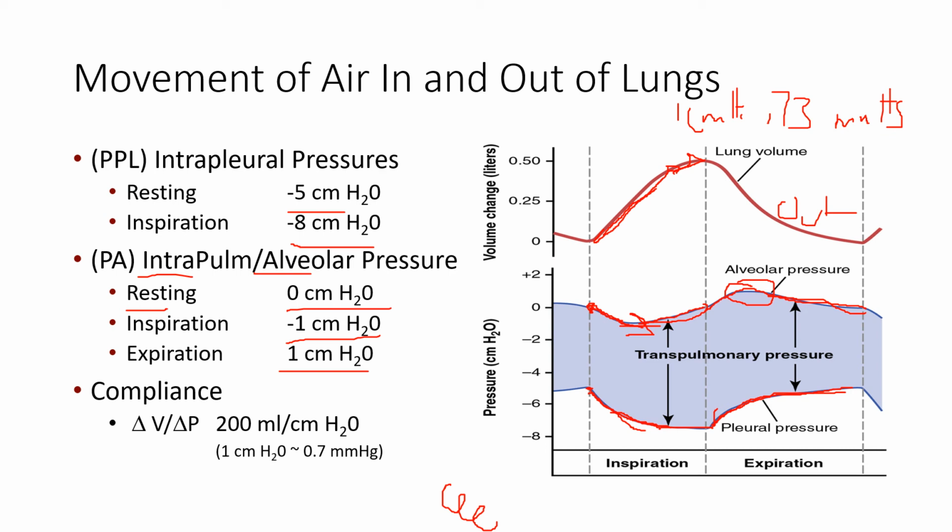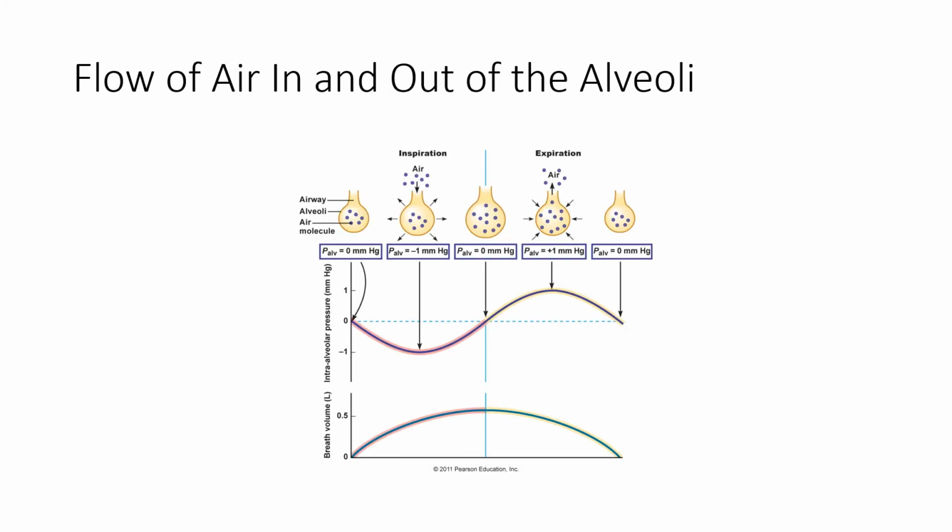Again, it's all about these changes in pressures. And this is a graph here that's demonstrating this again. These changes in alveolar pressure, as we decrease, we fill the lungs with more and more air. We get to the end of inspiration, they're full.